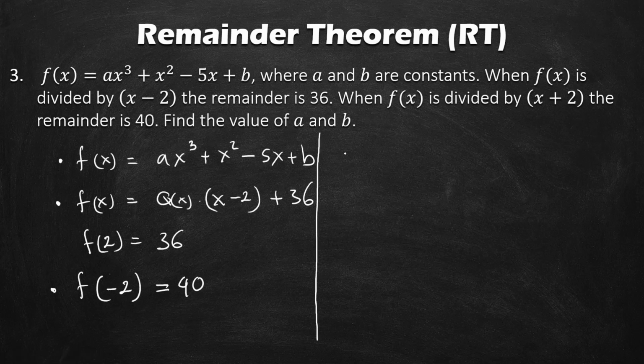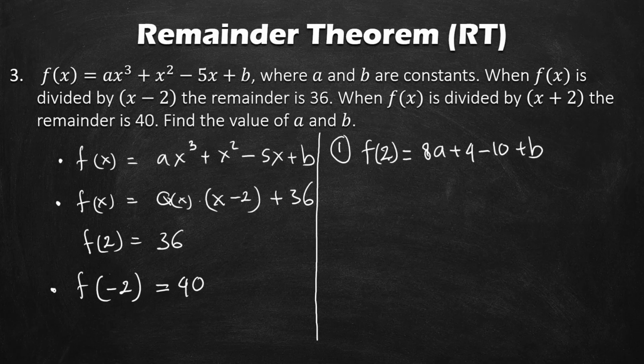So after writing down all of this information, now we can solve this problem to find out the value of a and b. Since a and b is the missing information from f(x), and we know the value of f(2) and f(-2), I'll use first f(2) equals to 8a + 4 - 10 + b, right?